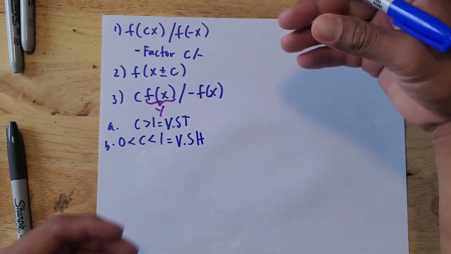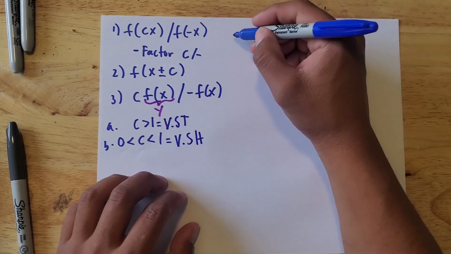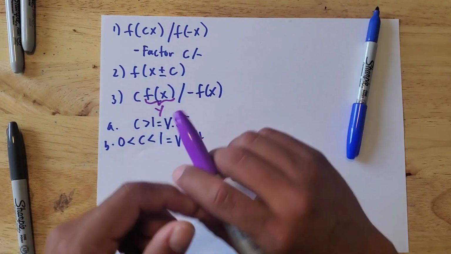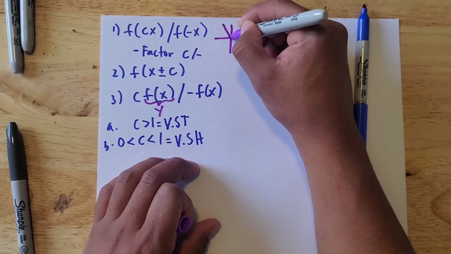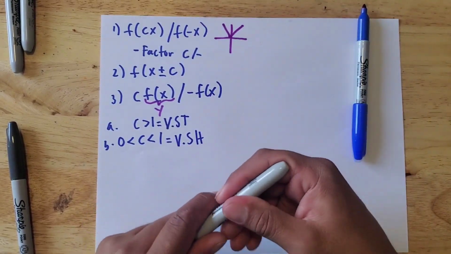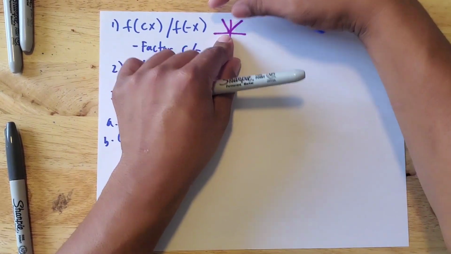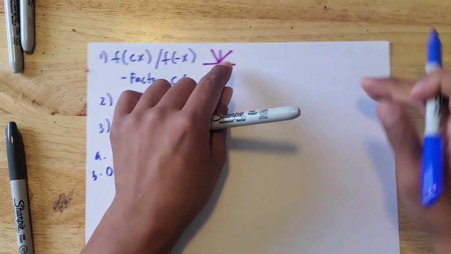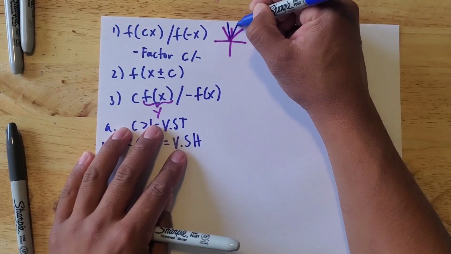So by stretch or shrink, if you're looking at a function on the y-axis, you're going to pull on it. For example, let's say we're looking at the absolute value. A stretch would be, imagine you grab this point and you pull. Let's say you were to pull on the legs up, then it's going to do something like this.